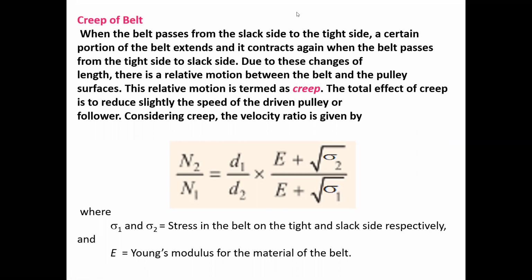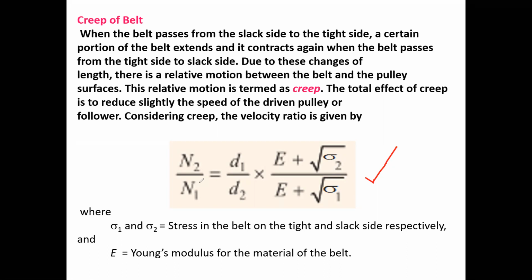These are very, very important formulas. N2 by N1 equals D1 by D2 into (E plus square root of sigma 2) by (E plus square root of sigma 1), when we get the creep effect.